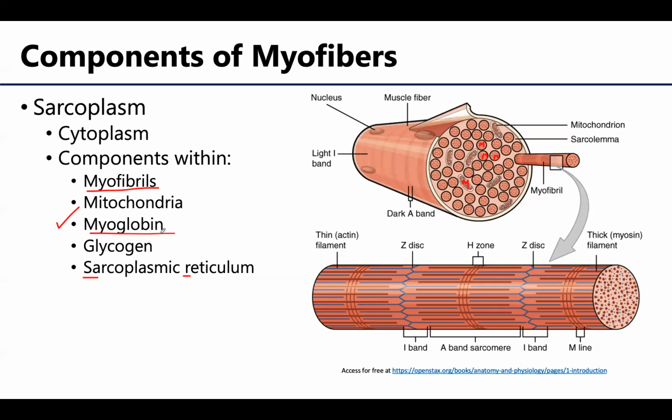The sarcoplasm also has a substantial amount of glycogen, again, not really shown in these images here. And glycogen is a molecule that stores linked glucose molecules that also can be broken down when needed to help produce ATP. ATP keeps coming up over and over again.